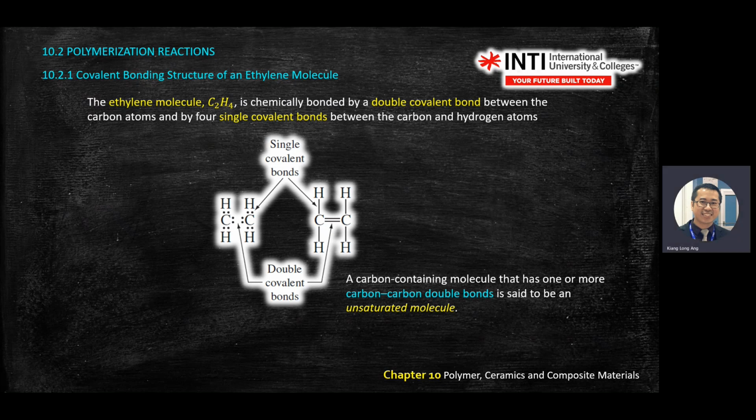Share between the 2, break into half: 2 on one side, 2 on the other side. What happened to the other 2? They will combine with carbon. These 2 will combine, you get a double bond. So this is how you build the molecule structure.